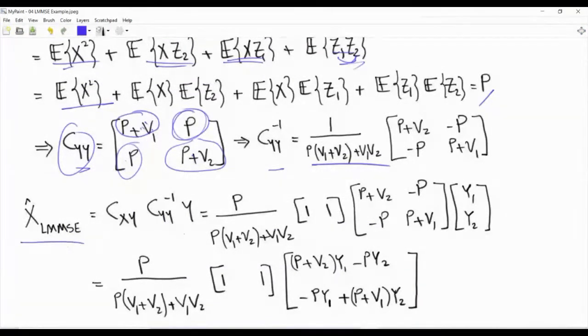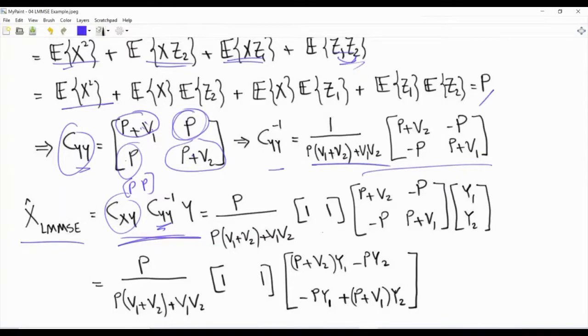And then what is the expression for the LMMSE estimator? Because the mean values are equal to 0, this is the simplified form. CXY was like p, p, and CYY inverse is this matrix here.